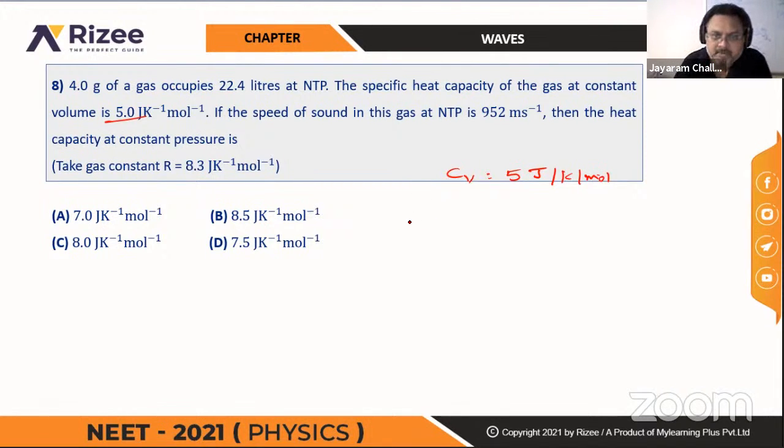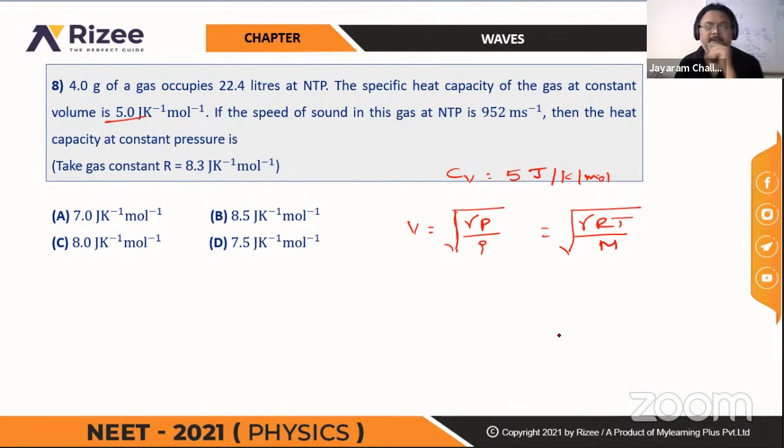What is the speed of the sound here? Speed of the sound is equal to root over gamma P by rho. The root over gamma P by rho can be replaced with root over gamma RT by molecular weight, which is equal to V, velocity. So from this one, we need to find out gamma.